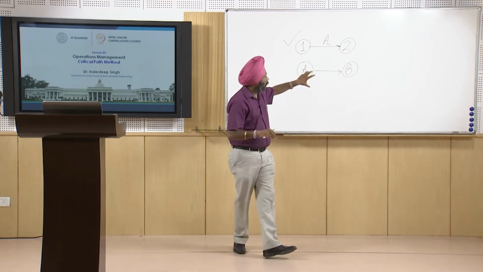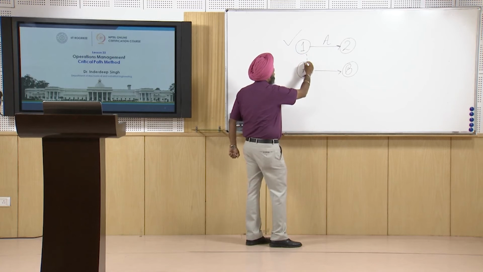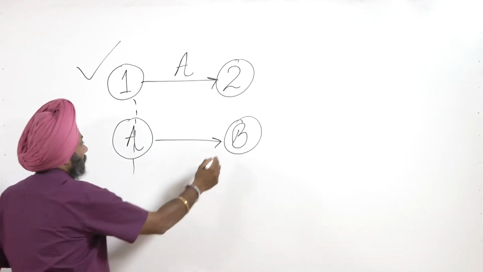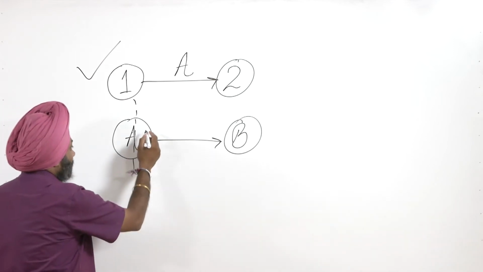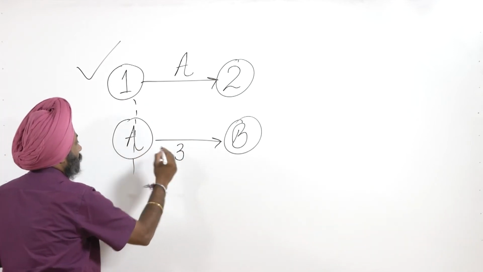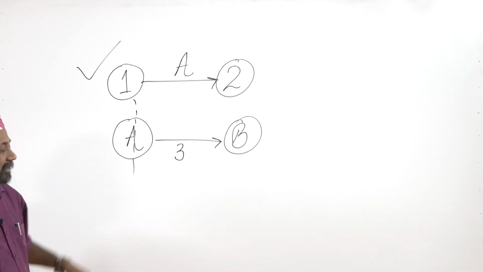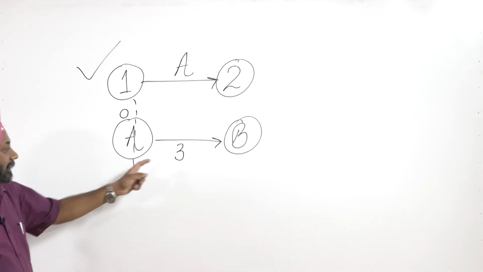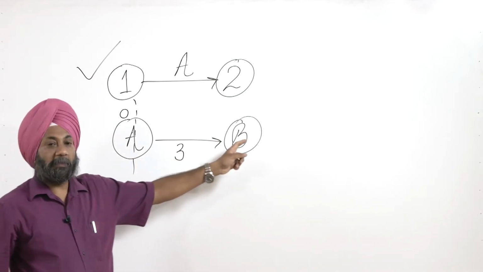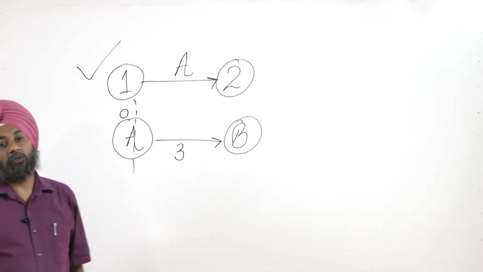Suppose this is my start node and this is the second node in my network, and this activity takes, suppose, 3 days. So the earliest start for activity A is day 0, and then it takes 3 days to complete activity A, and only then can activity B start.